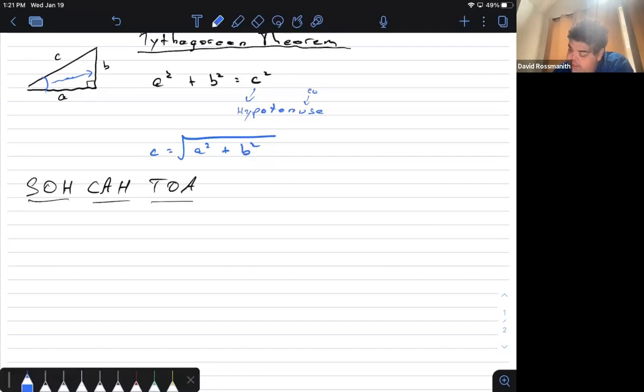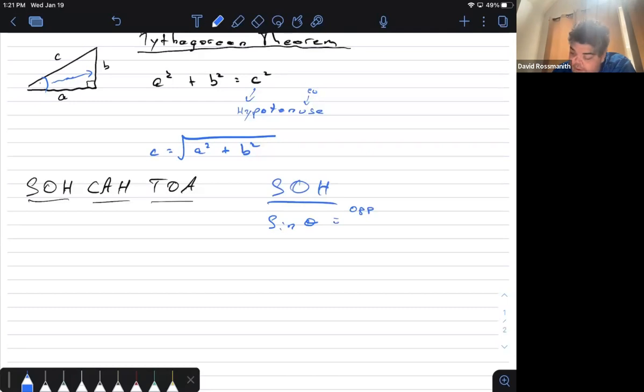So the first one, SOH, stands for the sine of an angle, theta. So if you pick one of the angles in your triangle, the sine of that angle, sine being a trig function, is the same value as the opposite side of that angle.